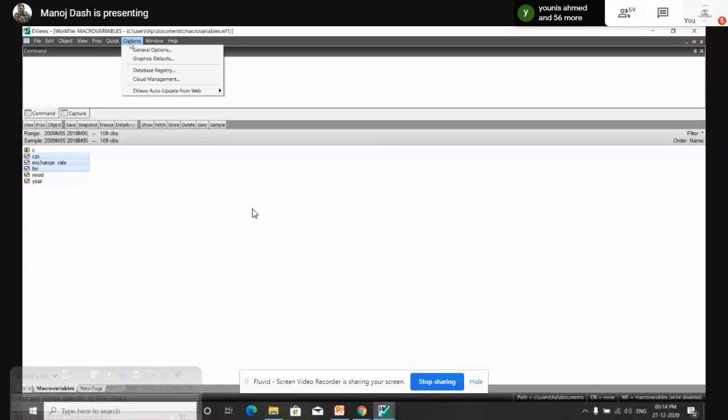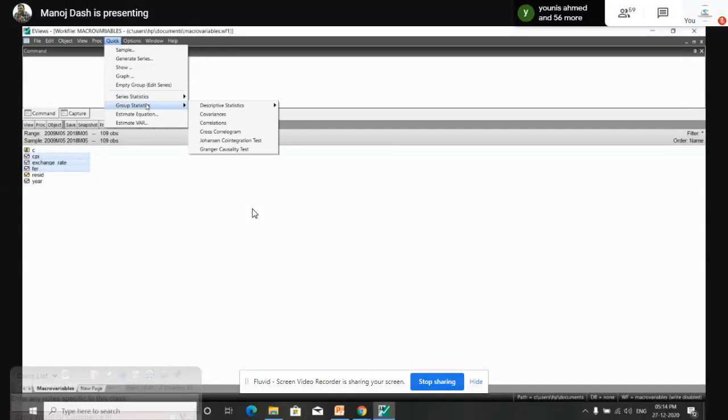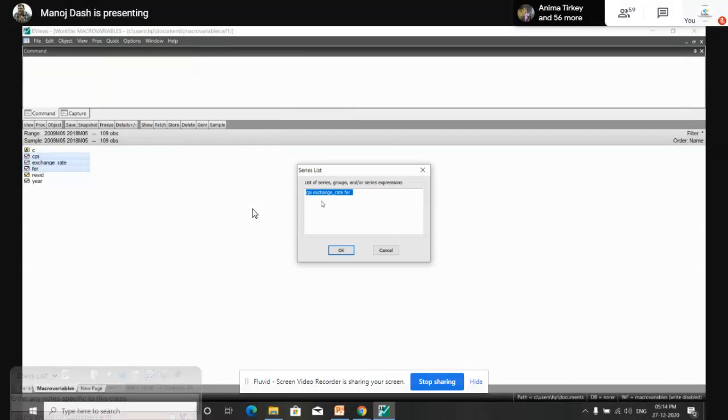I will go to the option. Quick, then ready? Then instead of CPI, what will I write? DCPI. Why? Because the first difference is stationary. Then D exchange rate, then DFER.